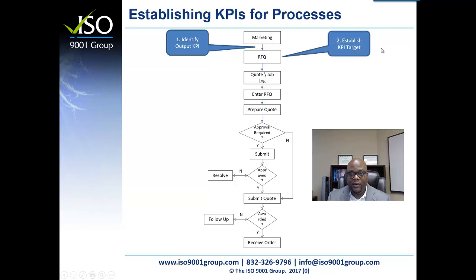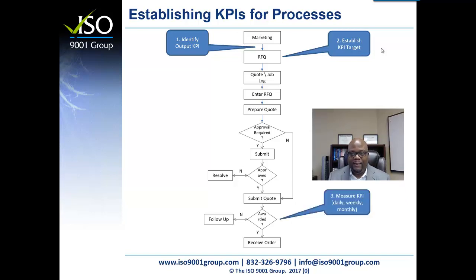Now, once we've done that, we can establish the KPI itself. So how many RFQs do we want the marketing process to generate? So that would be the target of the marketing process or the output.